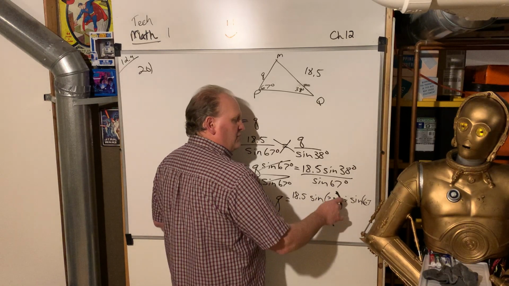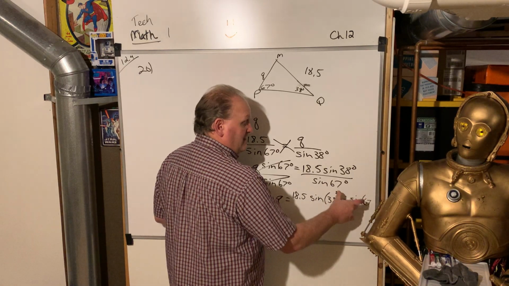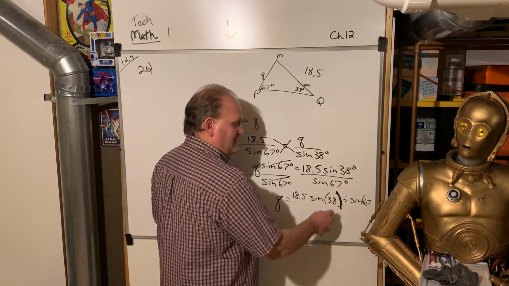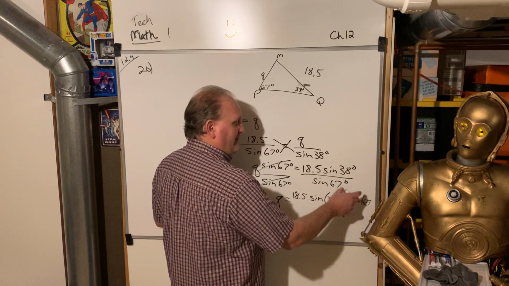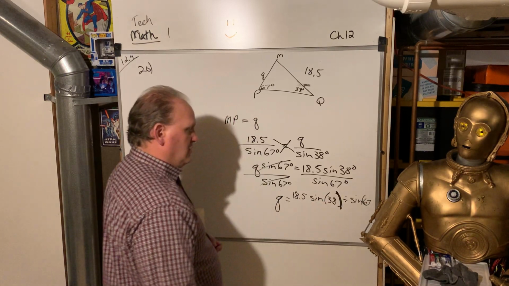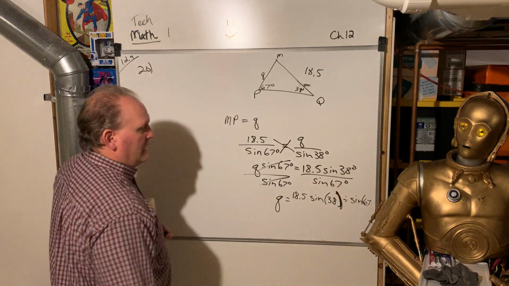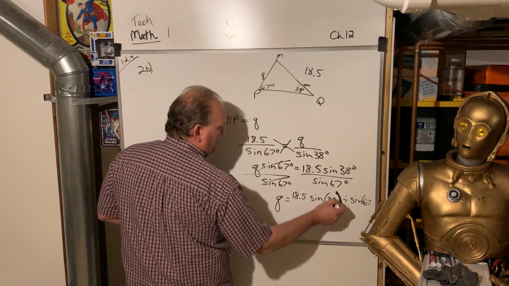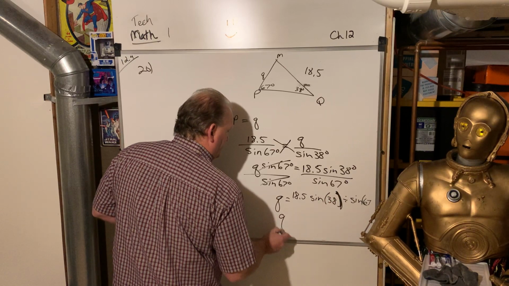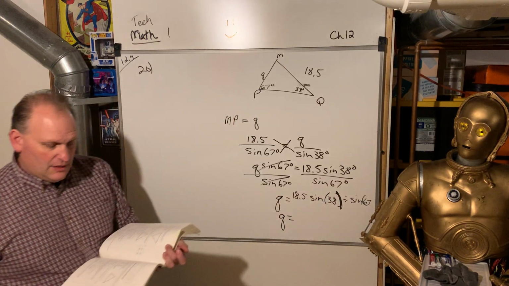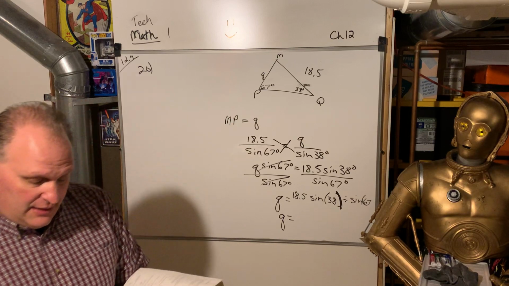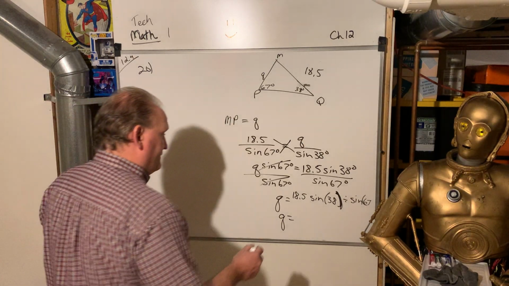Otherwise, it takes the sine of 38 divided by the sine of 67, and then takes the sine of that, and you get the wrong answer. So do not forget that second parenthesis. It puts in automatically the first one, but you got to remember that second one. All right, so double check yourself, key that in, you should get 12.4.